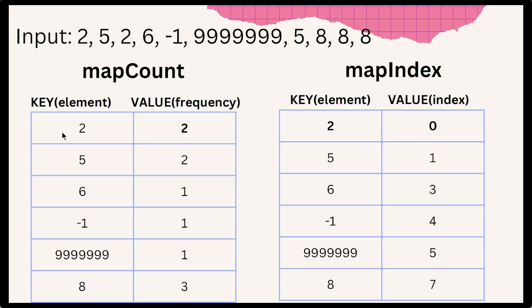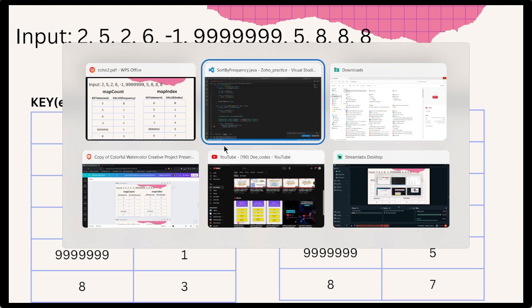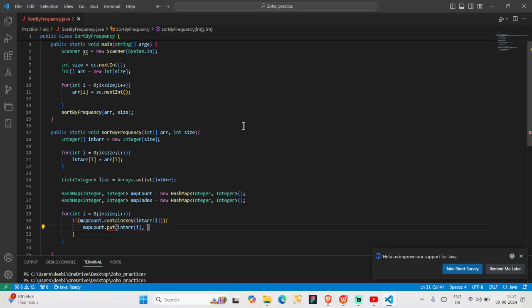So if 2 is already present, let's say there is another 2 at the end, I'm going to put 3 for this 2. So inside this key, I'm going to put intArr[i] to access it. And I have to access this value in order to increment it. How will I access this? The code is very simple. What I will do is I'll take another mapCount.